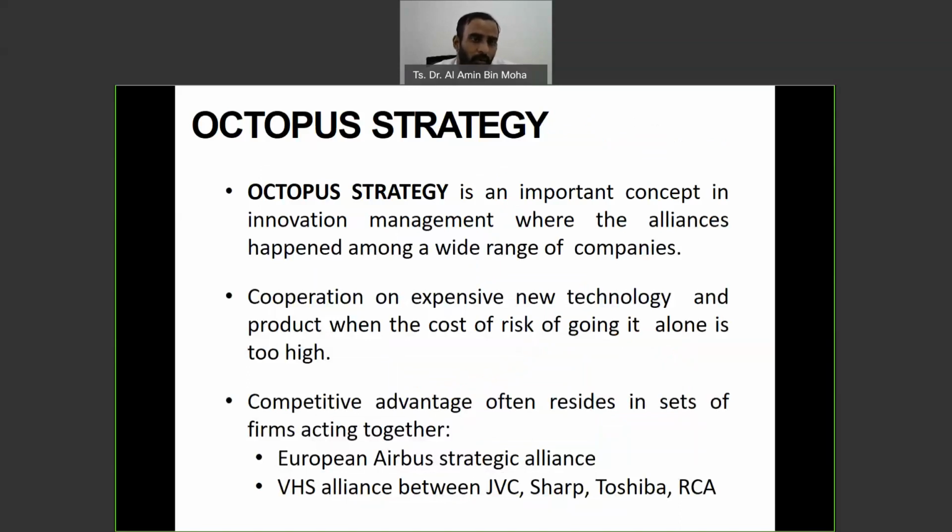Next, I'm going to explain the octopus strategy. The octopus strategy is an important concept in innovation management, where alliances happen among a wide range of companies. We're going to see an example to give you a better understanding. It involves cooperation on expensive new technology and products, when the cost and risk of going alone is too high.